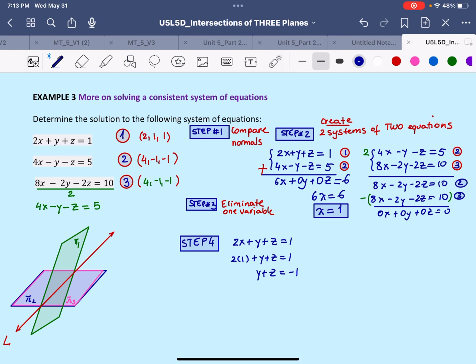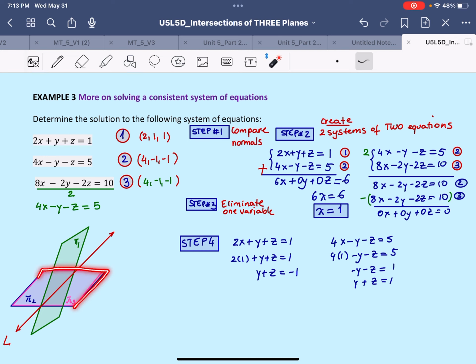Now, if you try to substitute x by 1 in the second equation, say, for example, for x minus y minus z equals 5, then interestingly, you will notice that we obtain in this case the exact same equation as before. And this is thanks to the fact that planes pi 2 and pi 3 are the same.